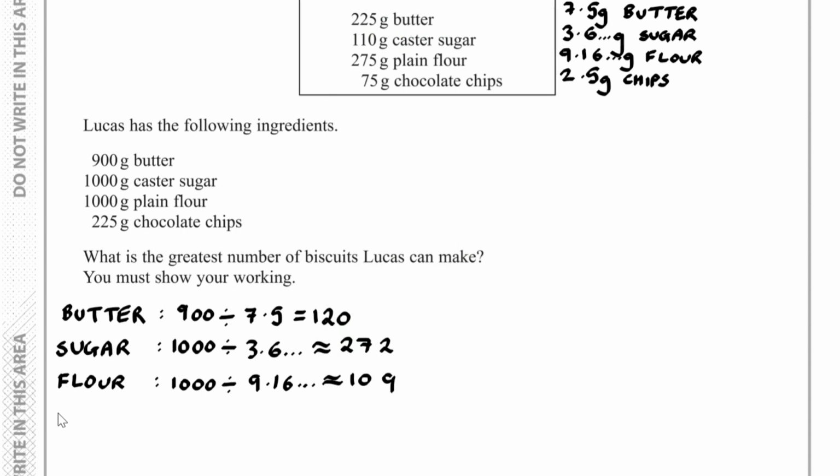And then for the chocolate chips, if I do 225 divided by 2.5, we get 90. So when we come to find out the greatest number of biscuits Lucas can make, of course that will be 90. So we have 90.